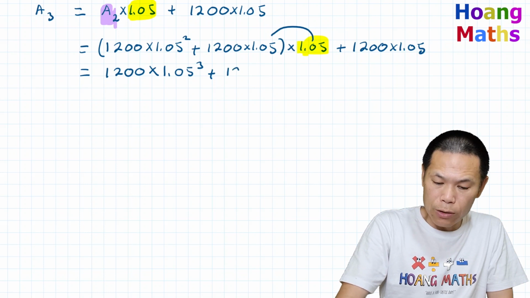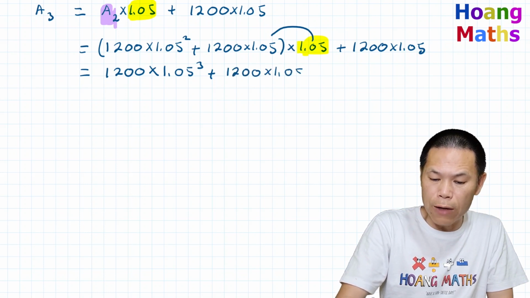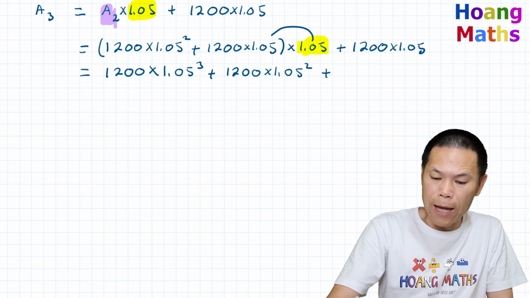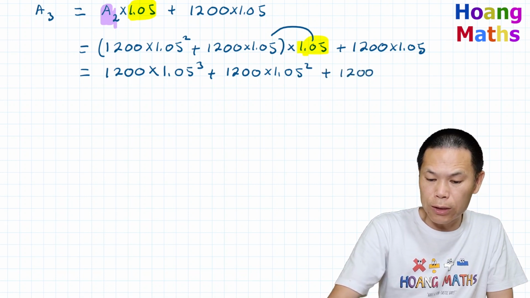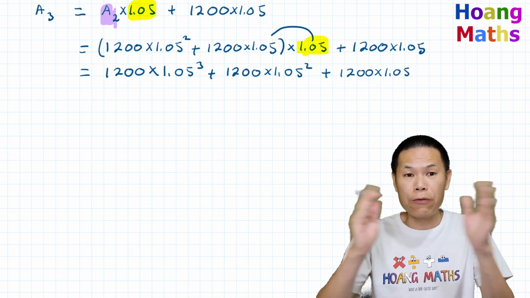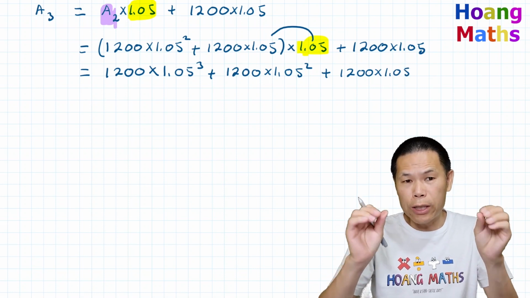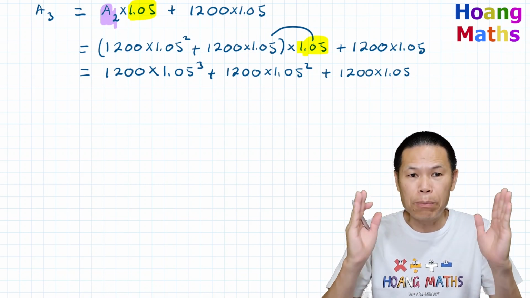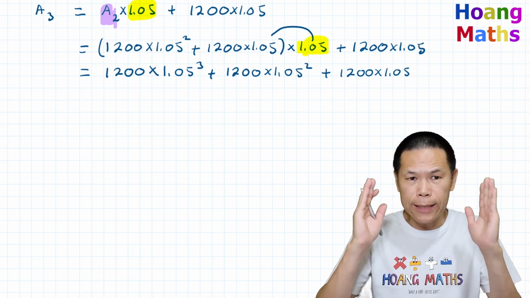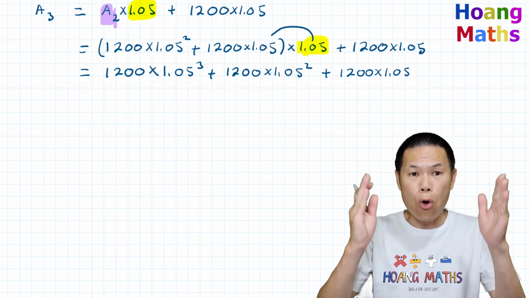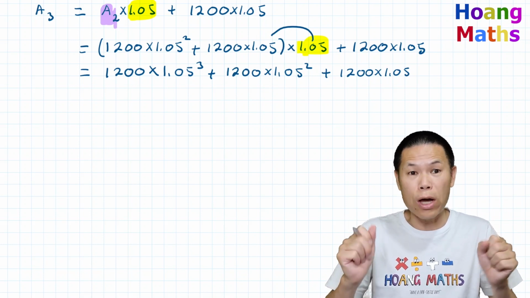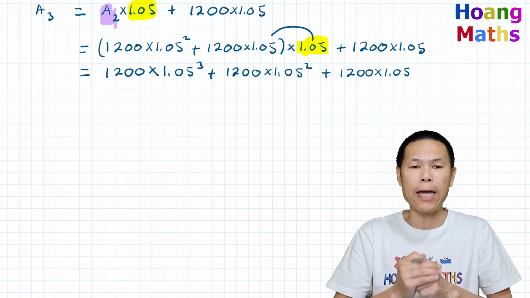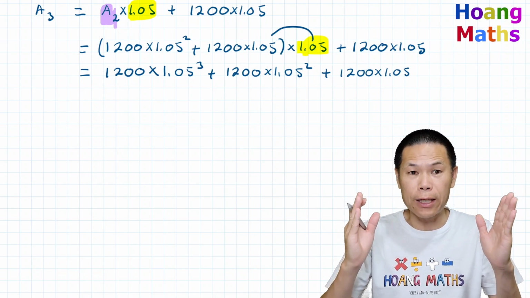So that is 1,200 times 1.05 squared, and we add 1,200 times 1.05. We just leave it like that. Now I can take out the common factor to make it easier and simpler. I can either take out 1,200 or I can take out 1,200 times 1.05. So let's just take the common factor out.